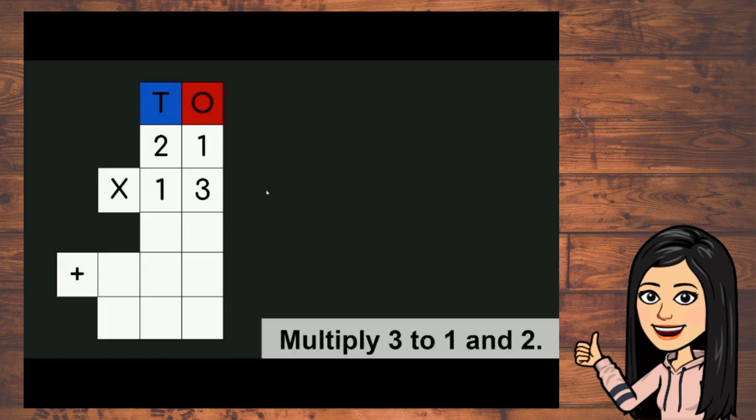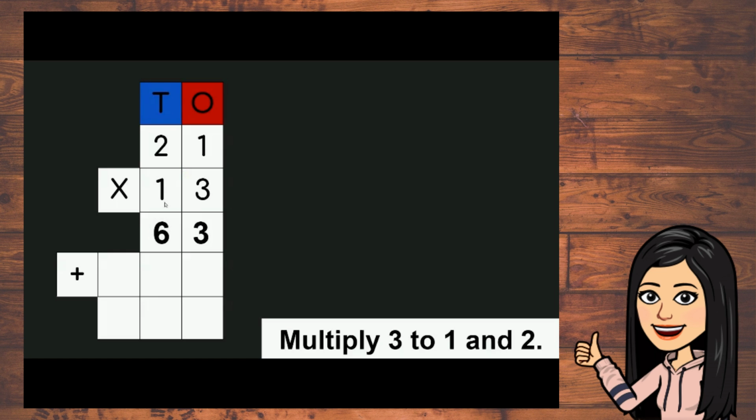So we have 3. You have to multiply 3 to 1 and 2. So 3 times 1 is equals to 3. Very good. Now next, 3 times 2 is equals to 6. So we have 63. So we're done with 3.